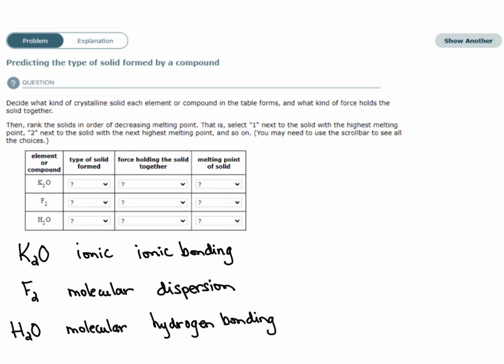Ionic bonding is the strongest of the forces, so this is going to be number 1. And between dispersion and hydrogen bonding, hydrogen bonding is stronger, so H2O is number 2. And F2 has dispersion forces, which is considered weak forces, so that's number 3. Good luck and keep practicing.